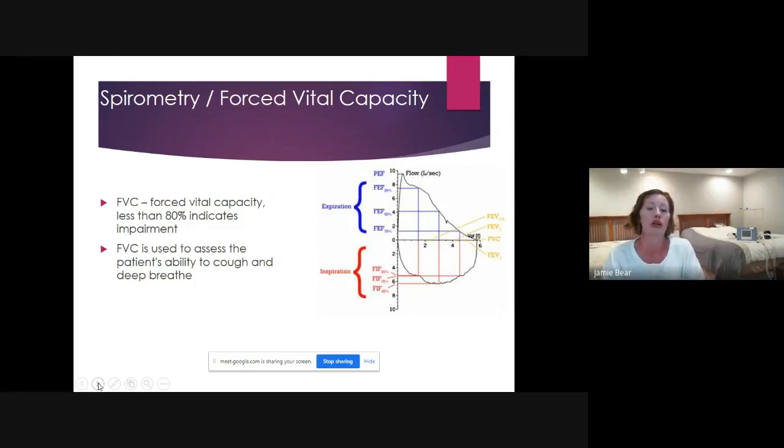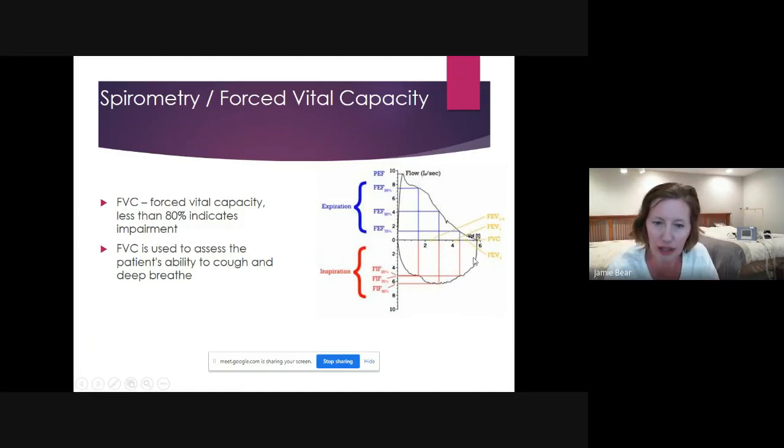Okay, so when the patient takes a big breath in, they're going to exhale. That's where this is going to start. This initial portion is your peak expiratory flow, and then it'll continue on through, hopefully out to 6 seconds. You can get your patients to breathe out for 6 seconds, and that is indicated here on the X horizontal line right here.